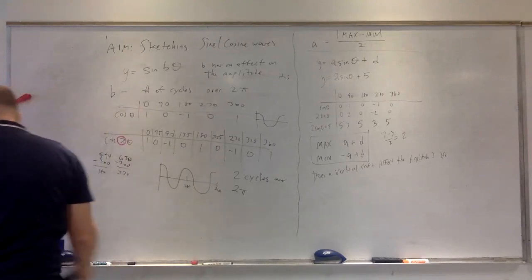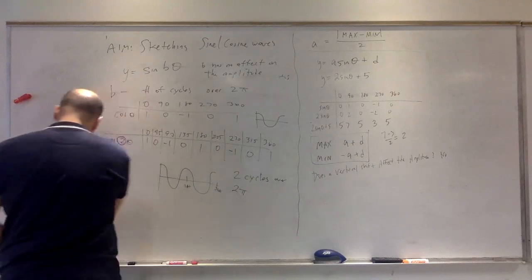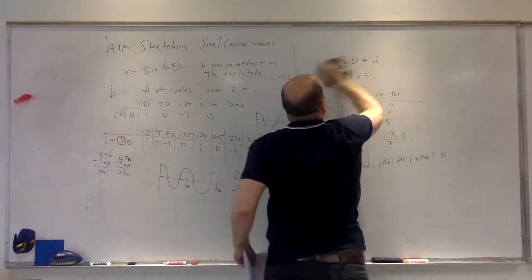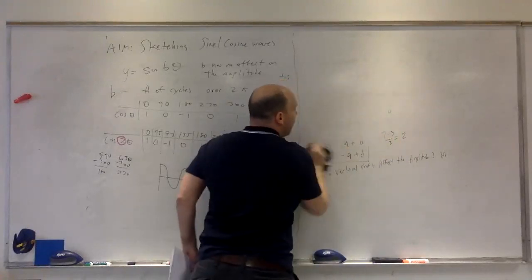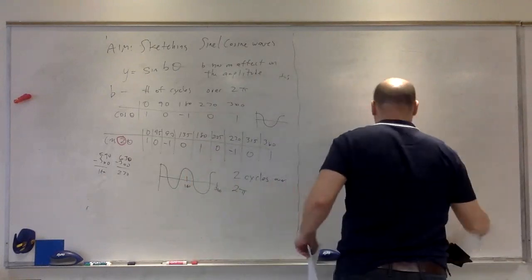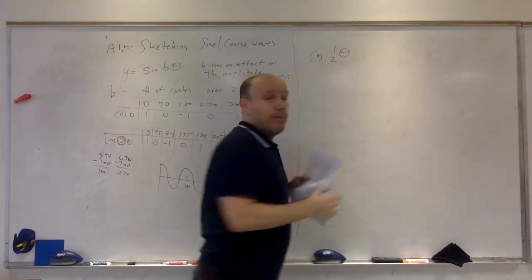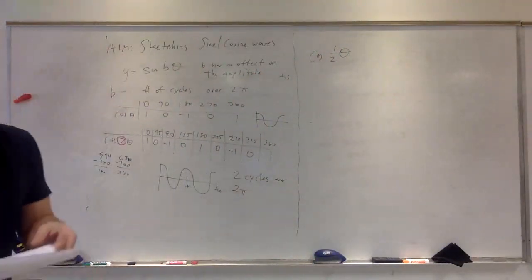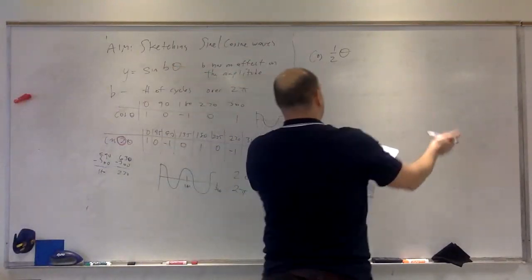The last example I want to show you is, how about we do cosine of half theta? Cosine 1/2 theta, right? Because we're higher level math, we can explore that. Well, let's see what's going on.